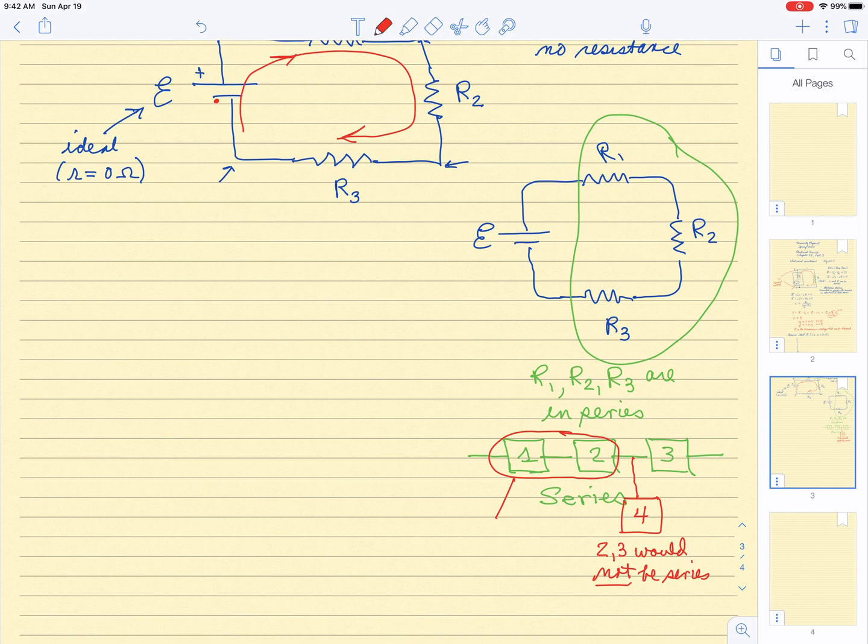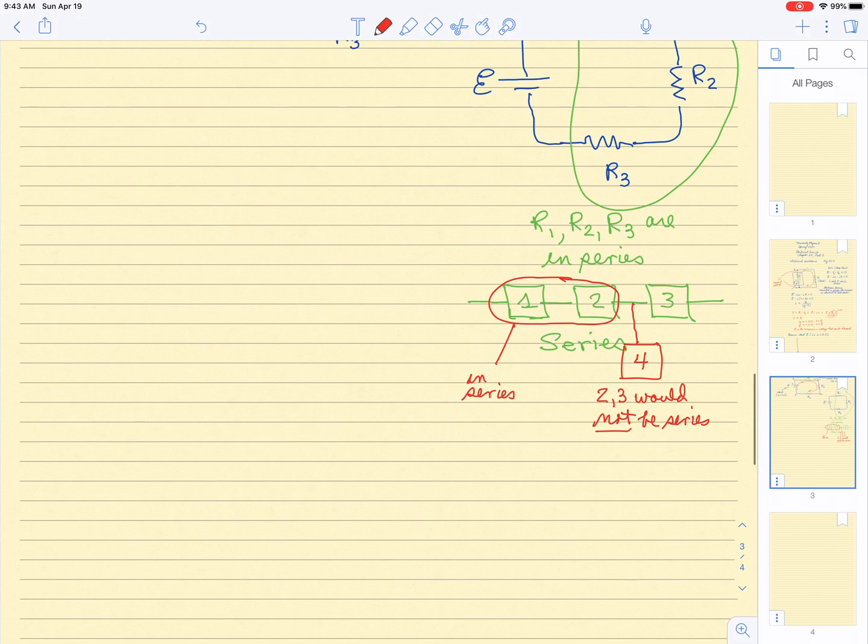Right, device 1 and 2 would be in series. Okay, so this connectivity head to toe between devices with no intervening devices means that those devices are connected in series. Okay, so for devices connected in series, so going back to this picture.